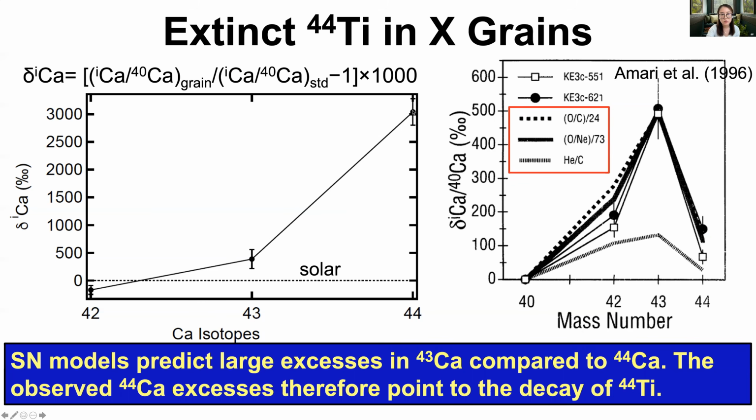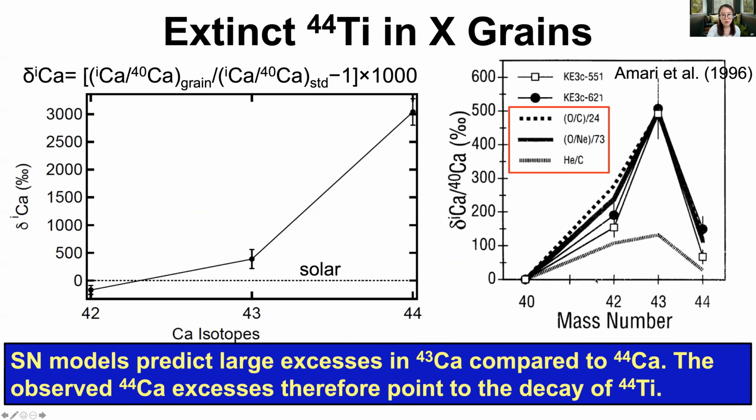And the values are shown in delta notation, which is defined again as a division of the isotope ratio from the solar system value and then magnified by a factor of 1,000. So 0 again represents the solar system value. In comparison, supernova models predict larger excesses in calcium-43 than in calcium-44.